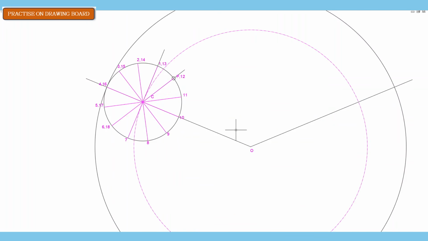So like we calculated, 135 divided by 18 gives us 7.5 degrees. So you use your protractor to do the divisions and then draw using your ruler and pencil. I'm going to use the software to do that.